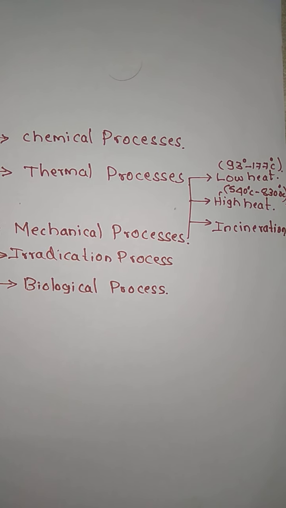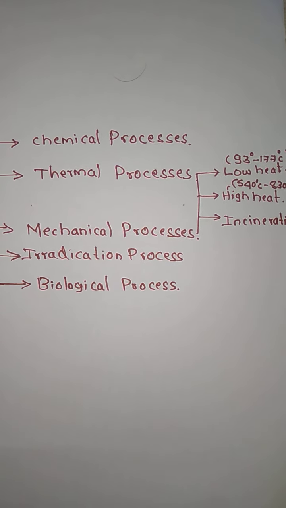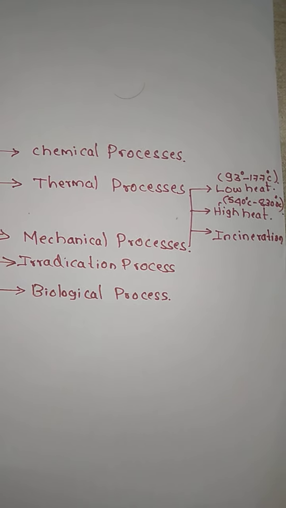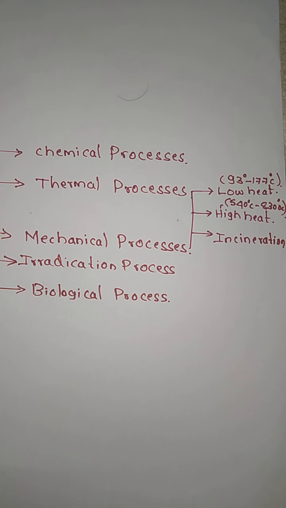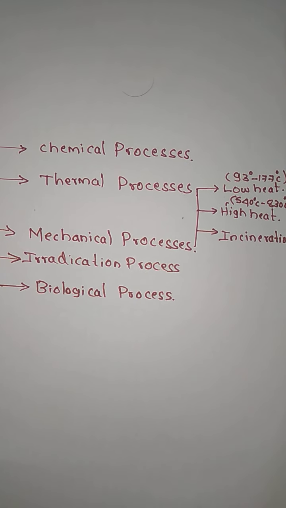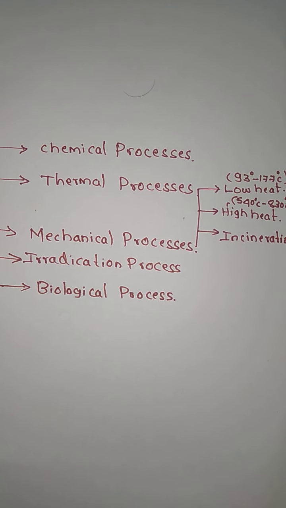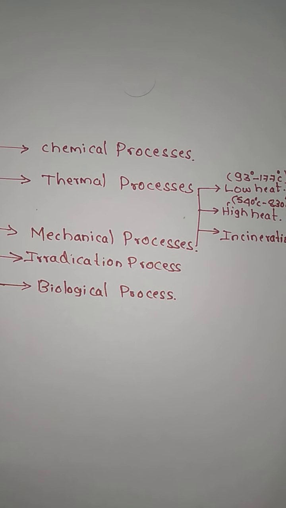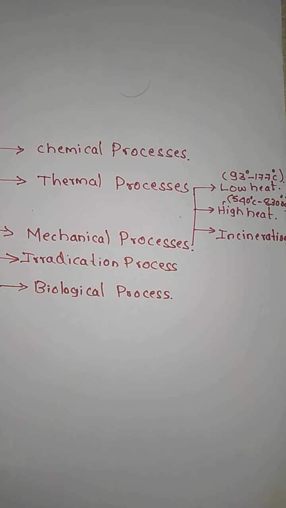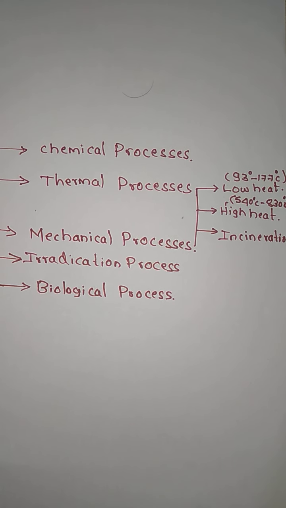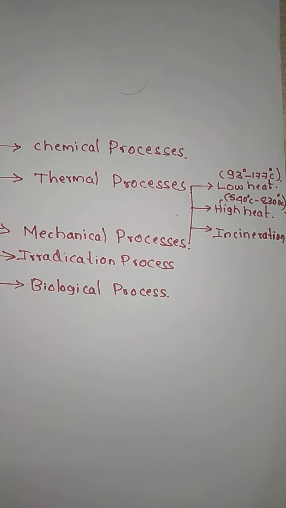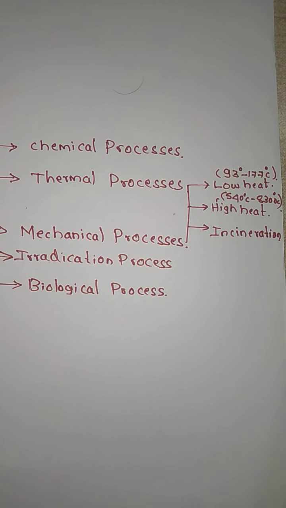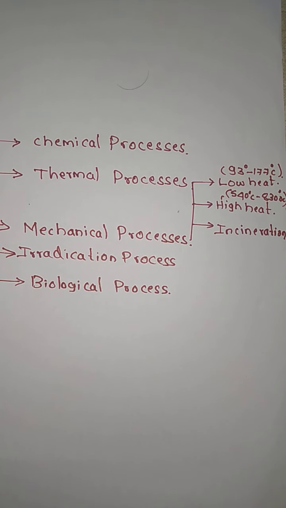Now, for incineration we use two types of incinerator. One is the multiple hearth furnace and the other is the rotary kiln incinerator. In the multiple hearth furnace, as I told you in the last classes, there is a single shaft at the center, to which rotors and various arms are attached. We feed the waste material at the top and use a temperature of around 1000 to 1500 degrees Celsius.